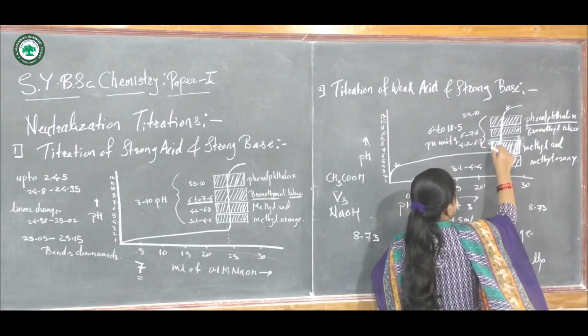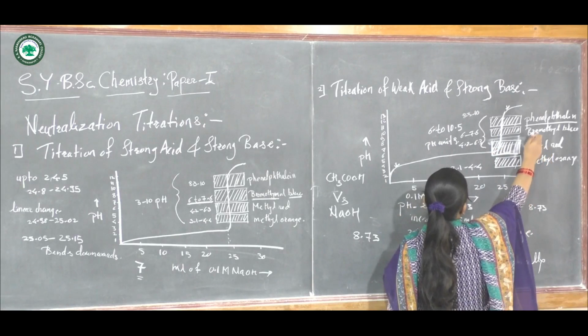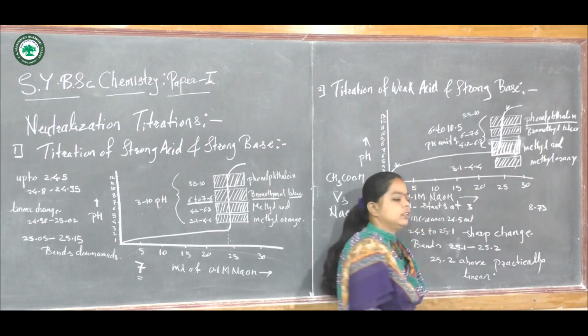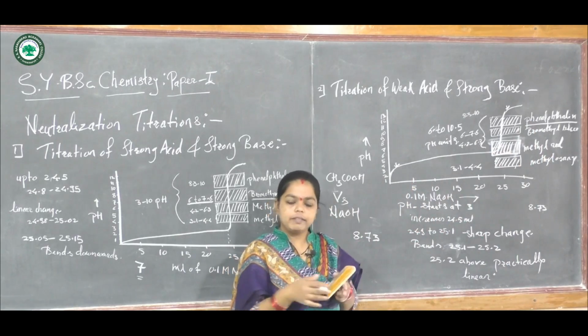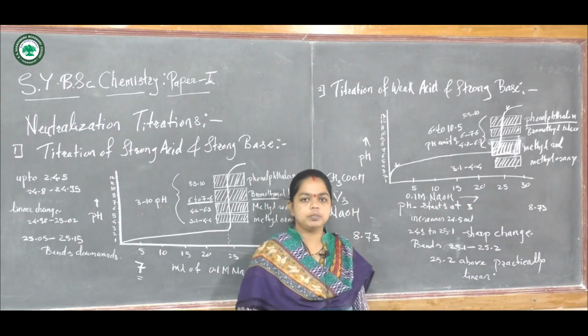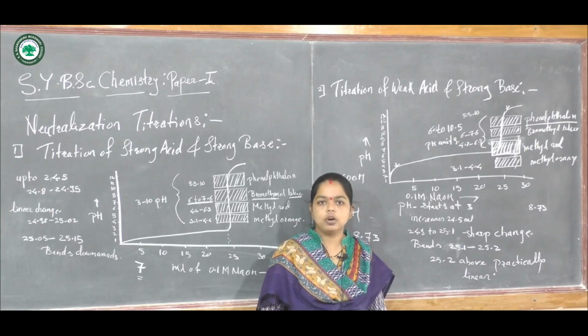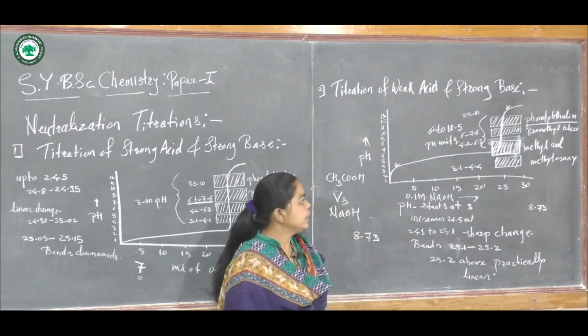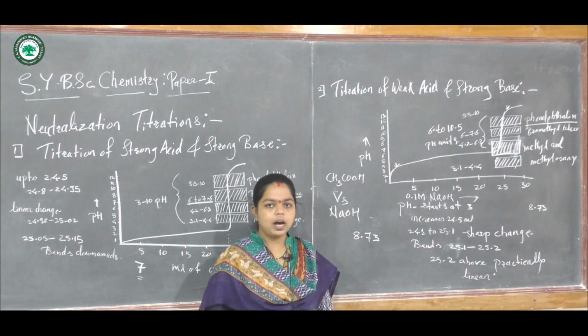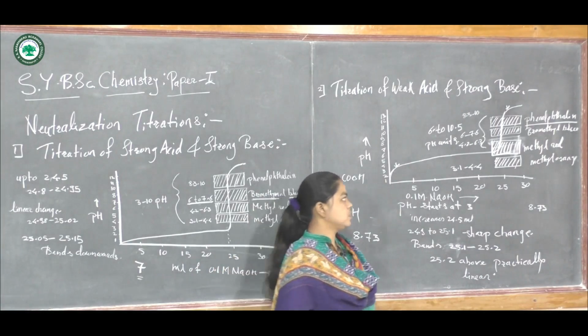So in this case we can say that methyl red, bromothymol blue and phenolphthalein have pH ranges within the range given for the end point. So all these three are suitable indicators for this titration.